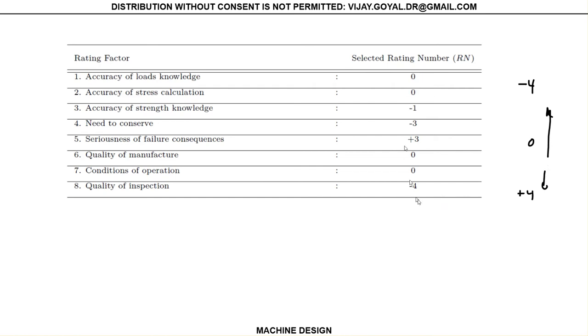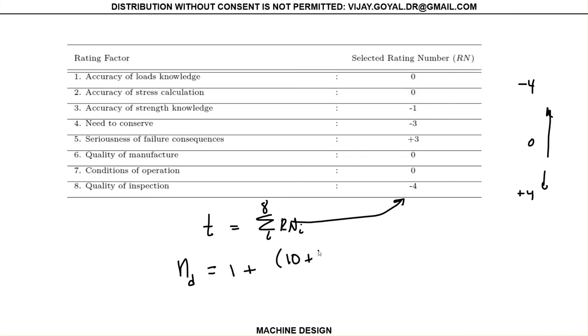Depending on the value I put in there, your T is going to be the summation of all these numbers, all your RNs, 1 to 8. Then your design factor is going to be given by this equation: 1 plus (10 plus T) squared divided by 100.